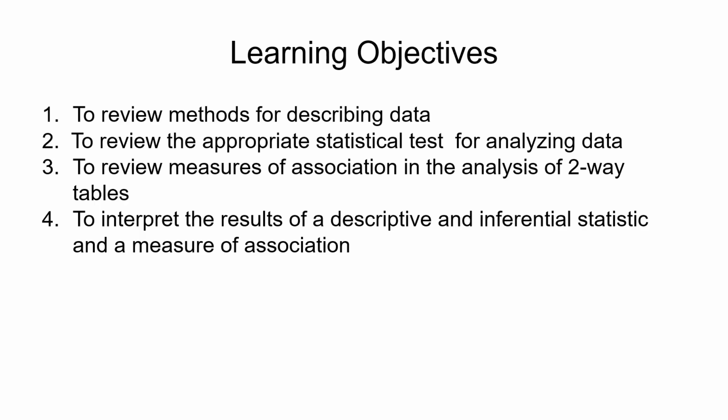So let us review the methods for describing data, the appropriate statistical tests for analyzing data, the measures of association in the analysis of two-way tables, and how to interpret the results of a descriptive and inferential statistic and a measure of association.